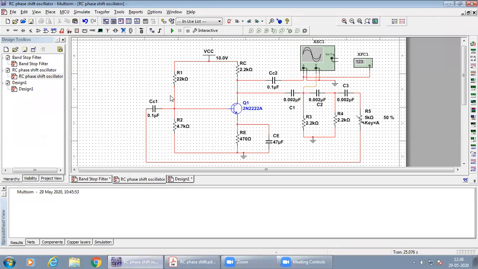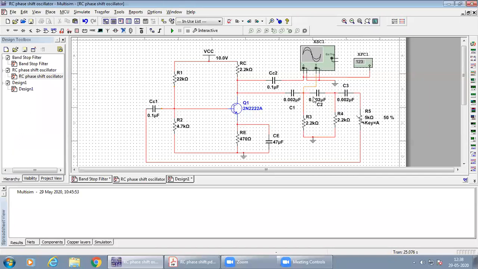This is the complete circuit of the RC phase shift oscillator. R1, R2, RC, RE provide the voltage divider bias, and CE is our bypass capacitor. We are observing the output at the output of CC2, which is connected to channel A of the oscilloscope.